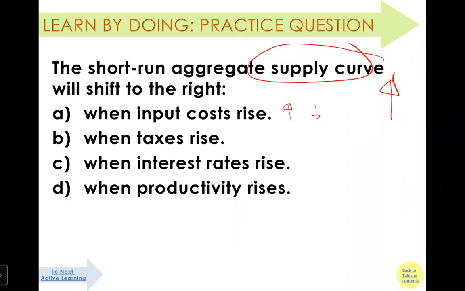That is going to reduce aggregate supply. Tax increase, that is going to reduce aggregate supply because it reduces profitability. Interest rate increase, that is going to reduce aggregate supply because it is more expensive to do business and to invest. Finally, when productivity rises, that is going to increase aggregate supply. So the answer is D.